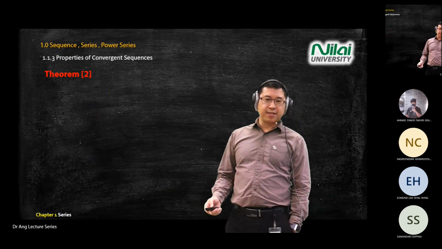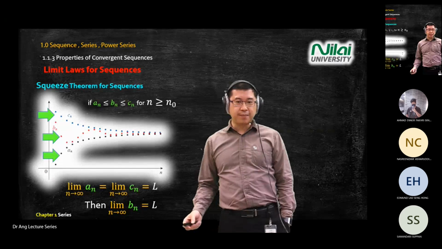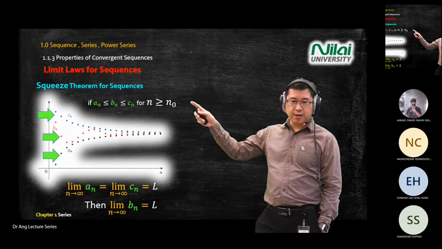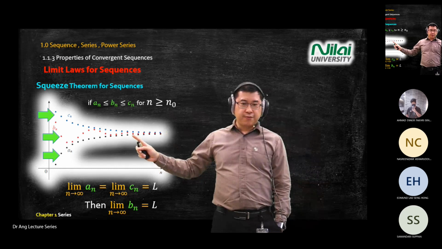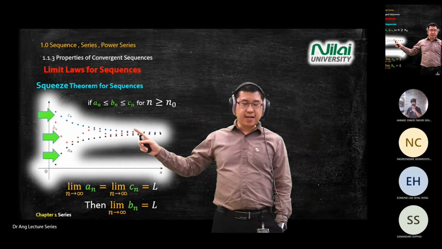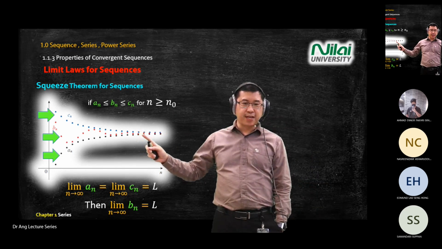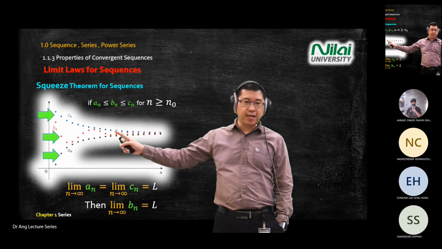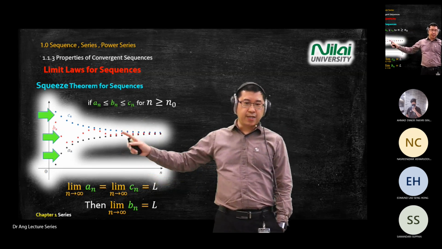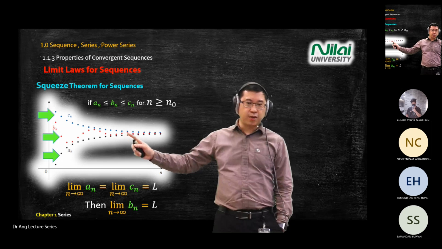Okay, so just recap the previous concept. The first one, the Squeeze theorem. If you're given first set data, second set data, you check the data, and then you're given the third set of data. Let's say you're given the red dot data, the third set, and you check whether the third set is between these 2 or not.